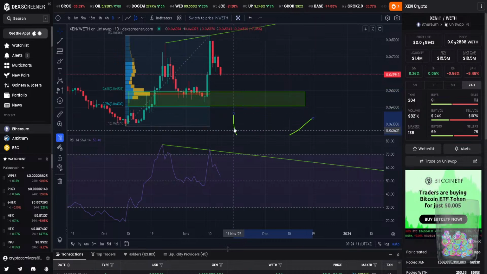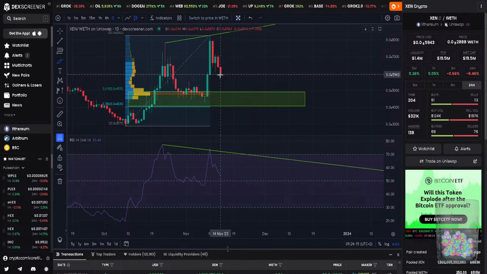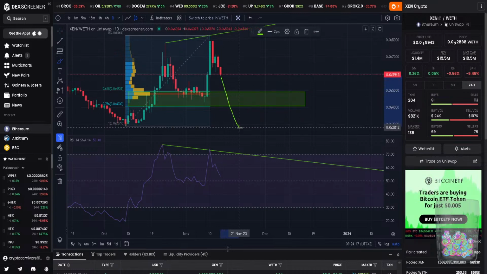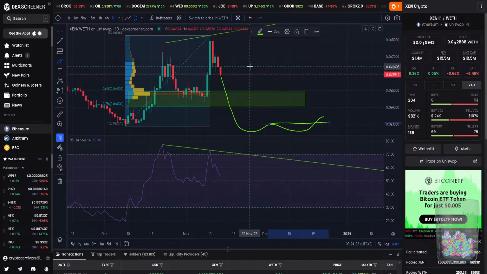But you don't want this to start falling below the previous highs. That would mean you would have to wait for new higher lows to form. It's very risky catching a falling knife. I would personally wait for higher lows.